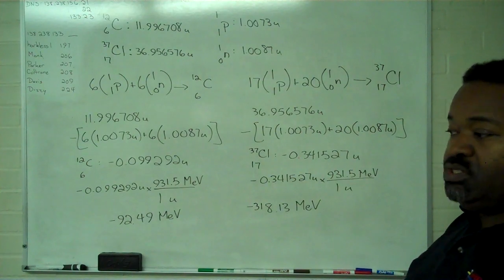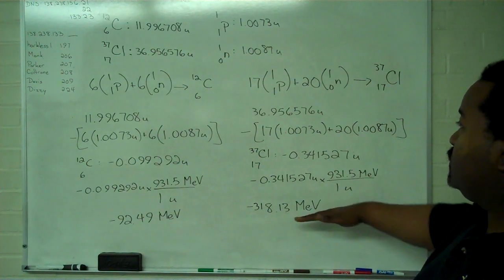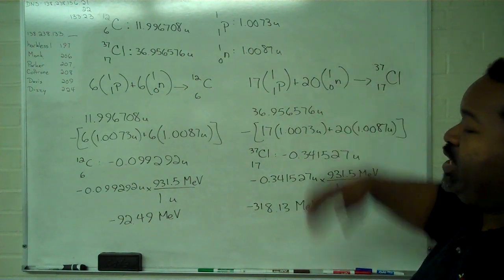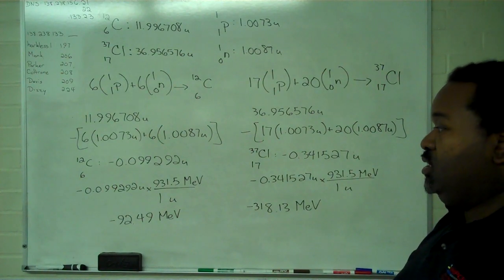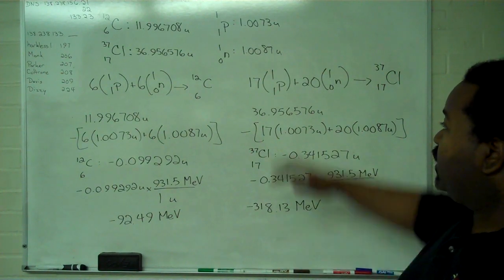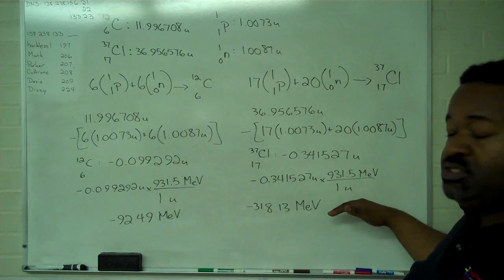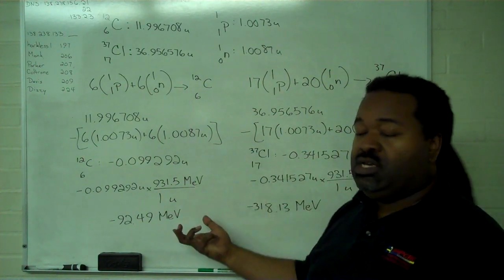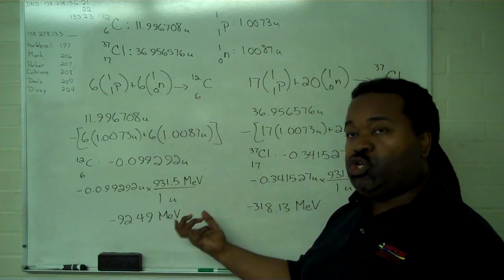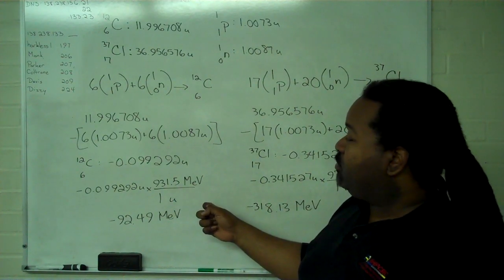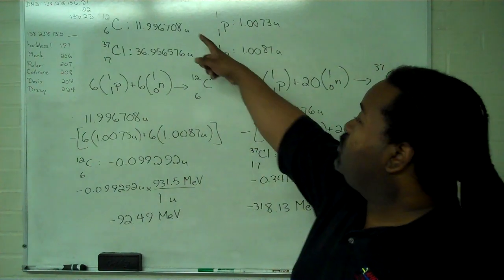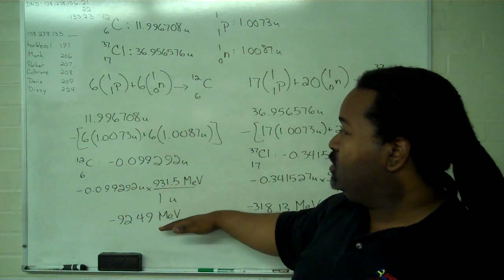And so if we want to convert this from just the energy change for the reaction, we've done the subtraction to convert the mass defect into binding energy. We've done the unit conversion. And in order to get binding energy per nucleon, we simply need to recognize that there are 12 nucleons in our carbon.